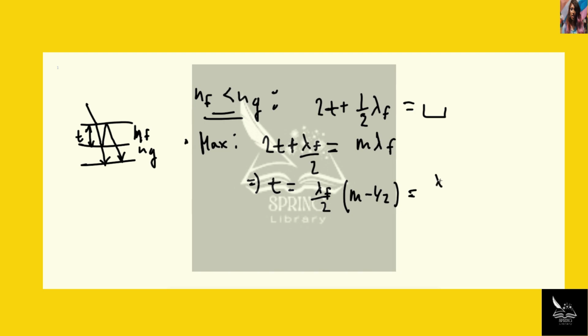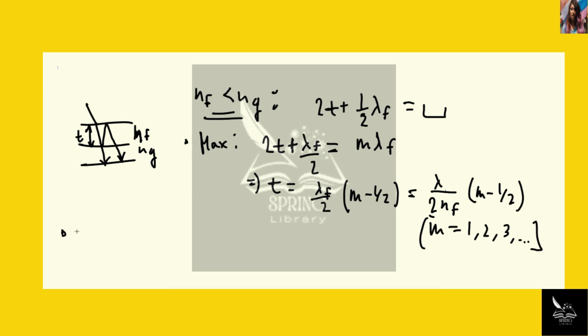This is equal to lambda, just the wavelength of light, over 2 times the refractive index of the film, times (m minus 1/2). And so m is just integers, 1, 2, 3, etc.